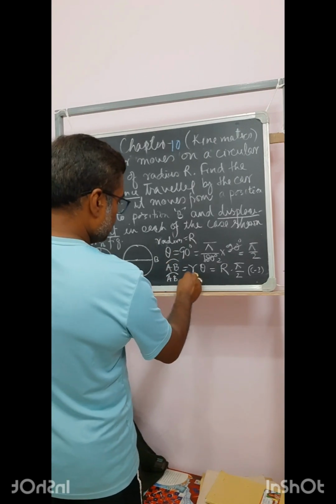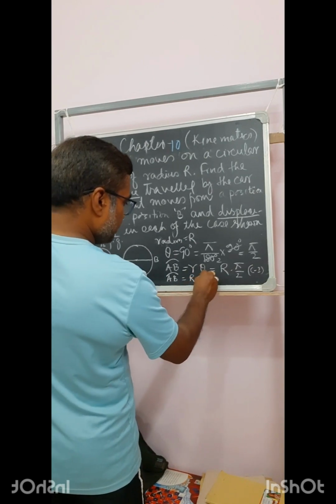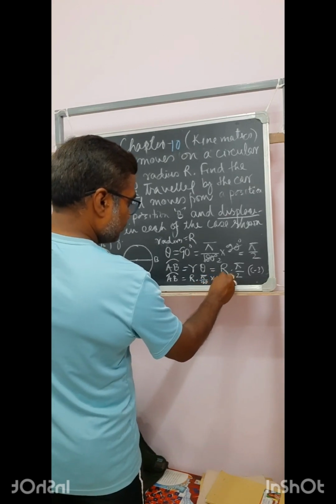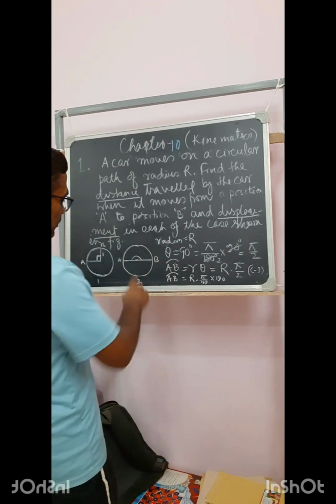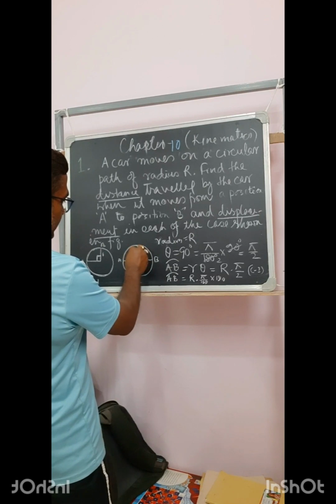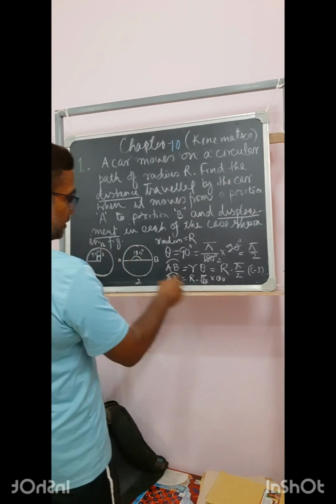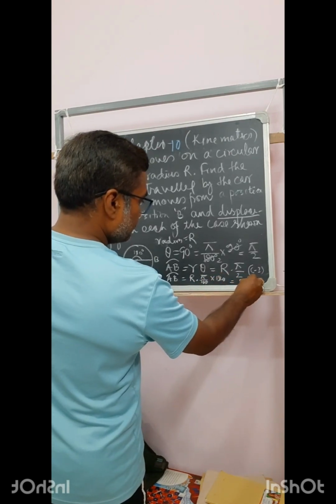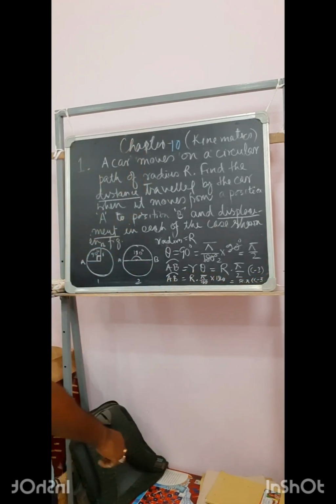So in that case, r would be same, radius r, and theta would be pi by 180 into 180, because this has moved two of 90 degree, that means 180 degree. Here it is 90 degree. So 180 degree is nothing but pi. So it will be r into pi, case 2. So in both cases the distance is calculated.